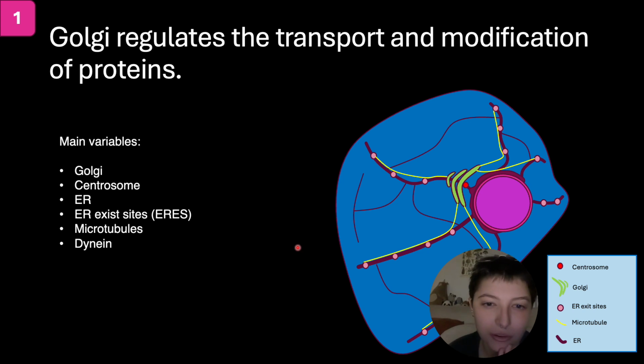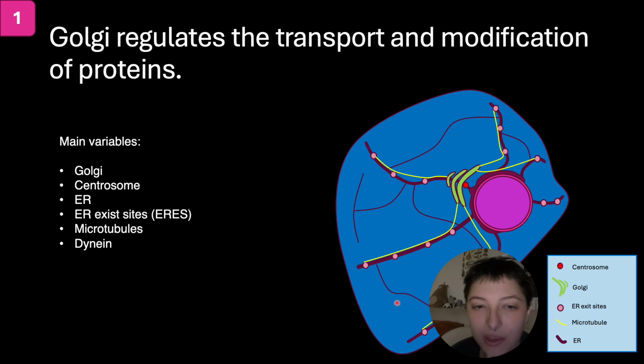You have the Golgi co-localizing with the centrosomes. There are actually two centrosomes here. So usually when you see the Golgi, you know that's where the centrosome is, and vice versa. And then we have this purpley line as the ER, and the circles as ER exit sites.